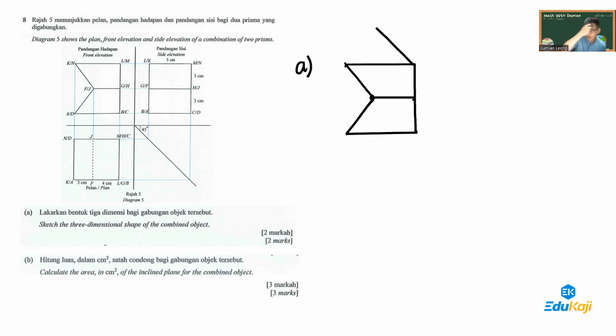So it is 5 cm long. This height is actually 3 cm and 3 cm. Because it's a 3D shape, you don't see the exact measurements, but you want to keep your lines parallel.